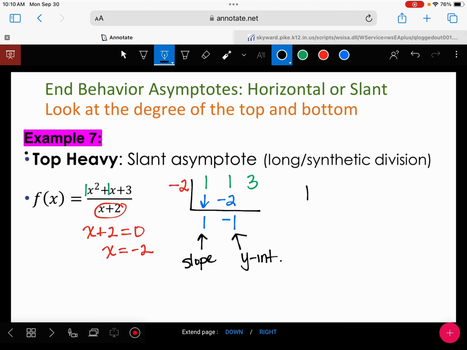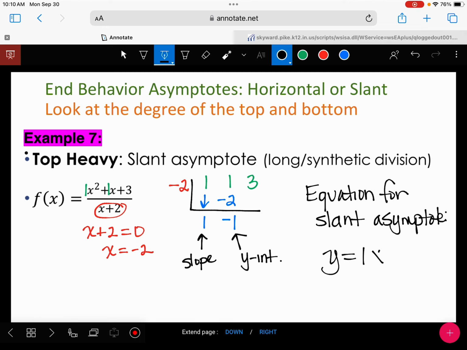So the equation for our slant asymptote would be y equals 1x minus 1. So we would actually have to graph that on our graphing paper, and we would graph it as a slanted line. Slope of 1, y-intercept of -1.